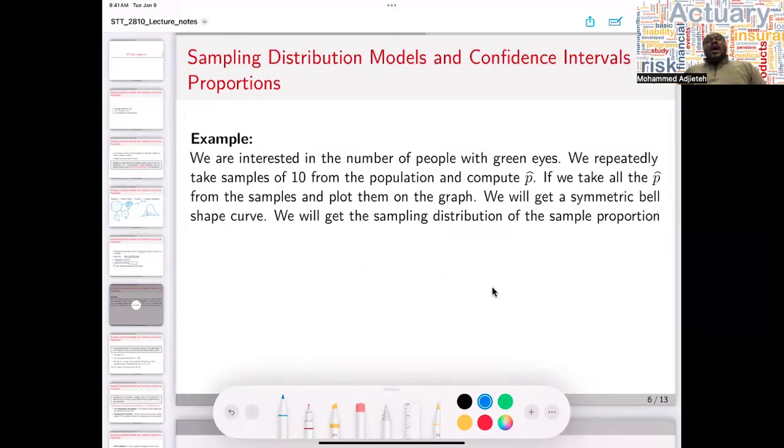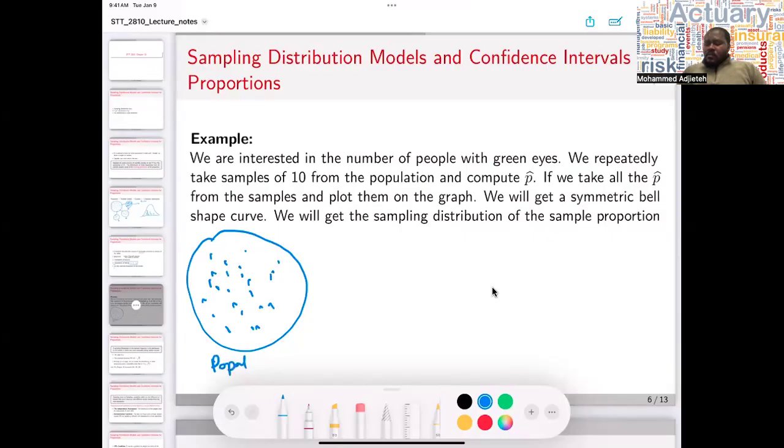So how about the sampling proportion? It's the same thing. If you're interested in the number of students with green eyes, let's say we have this population here. And then I draw, say, 5 people.